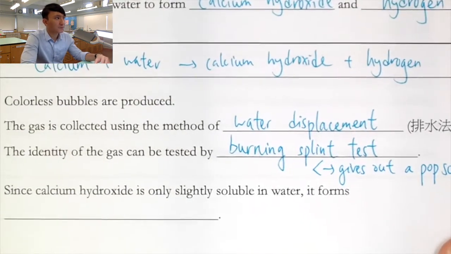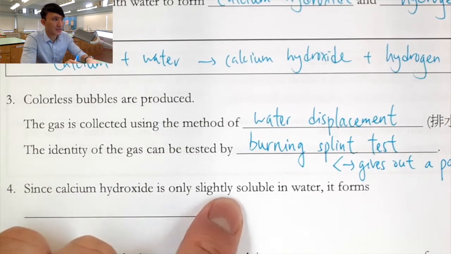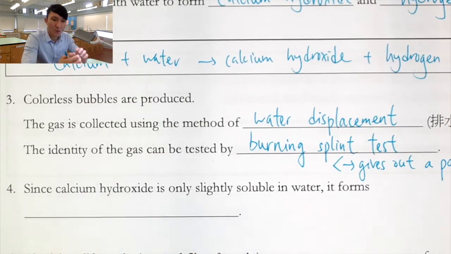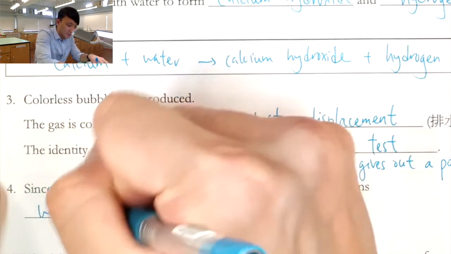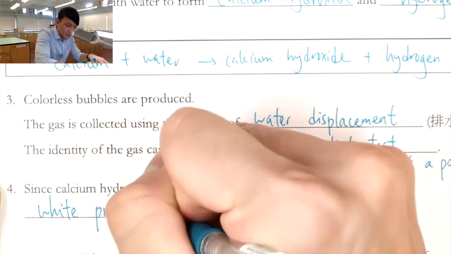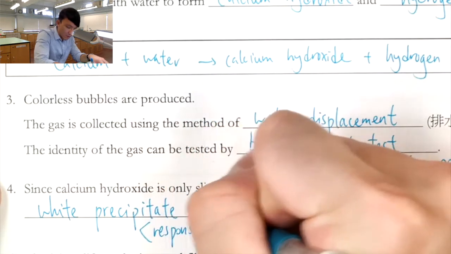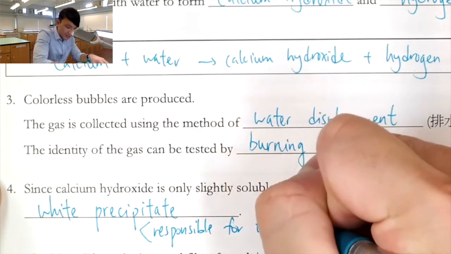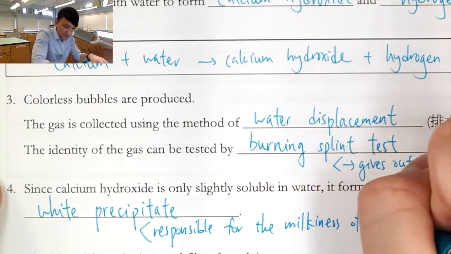Now down here, we say that since calcium hydroxide is only slightly soluble in water, once the water gets saturated, it starts to form a white precipitate.